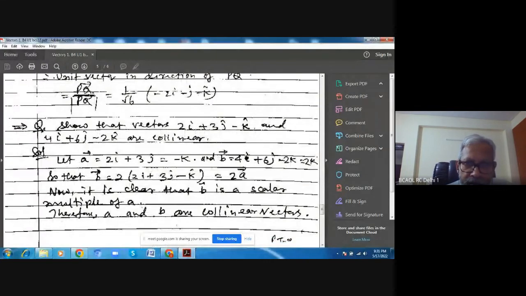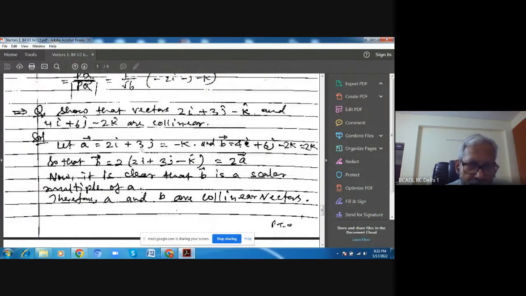The vectors and these are collinear. There are 2 vectors given and I have to show both are in the same line, collinear. Both are vectors, and in the case of collinear, definitely some similarity will be there.